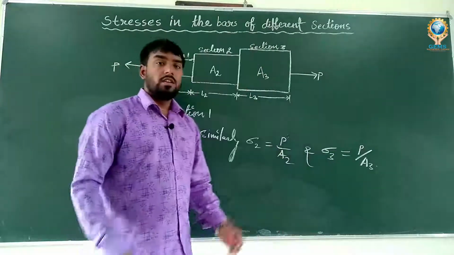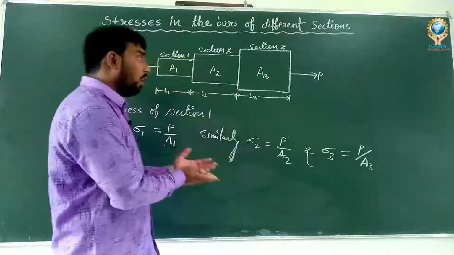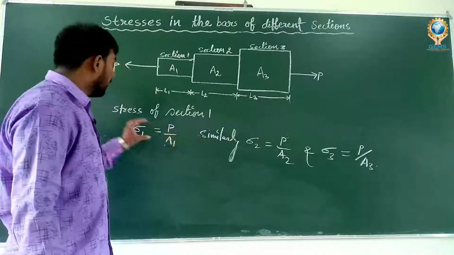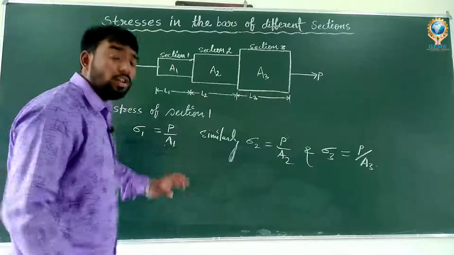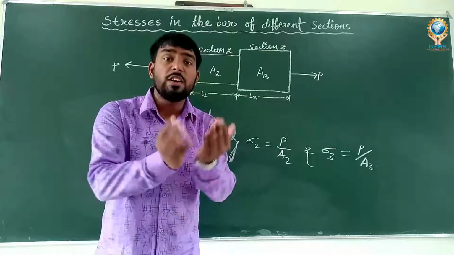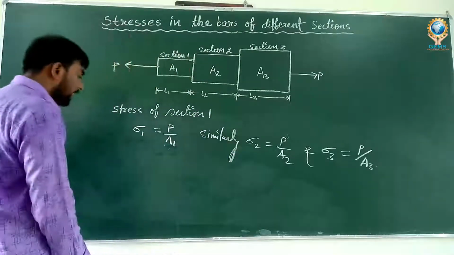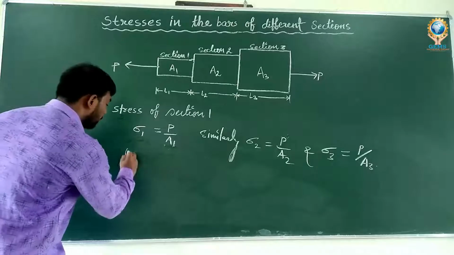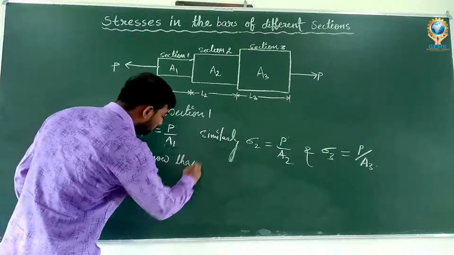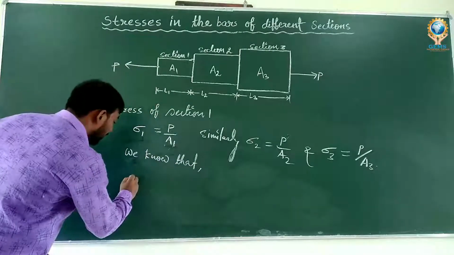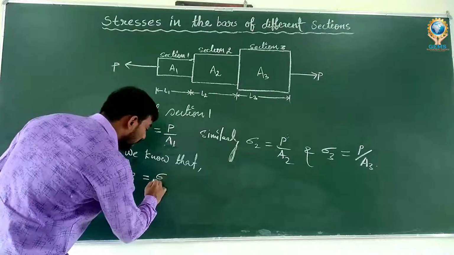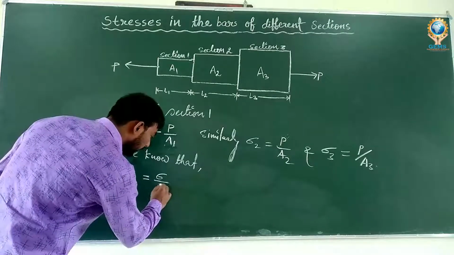Understand? Now we will find strains of different sections. First we found the stress of different sections, now we will find the strain. What is the formula for strain? Already we know that strain is equal to sigma by E. Why sigma by E?